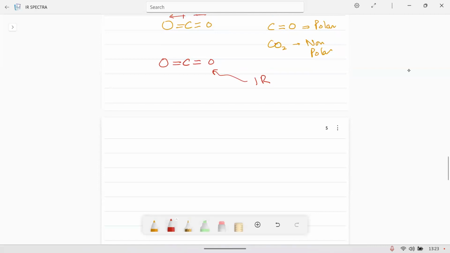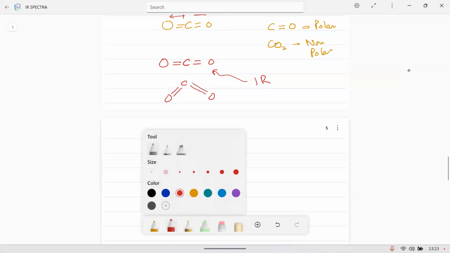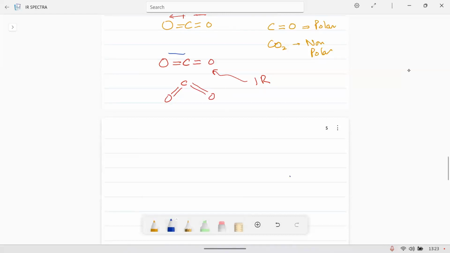So if it bends, let us say, before, the dipoles were cancelling out each other because they were symmetrical, equal and in opposite directions. Now they are at an angle, so this becomes unsymmetrical. In other words, the dipoles do not cancel.